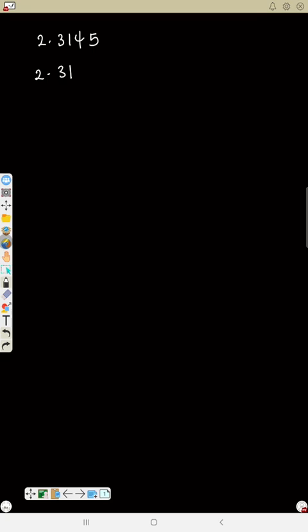Now what of three decimal places? This same number, to approximate to three decimal places, you just have 2.31. You know the next number is 4, but the number that follows 4 is 5. So that means you will add 1 to 4, making 5. But if the number that follows 4 is like 3, if the number is less than 4, I'll still say 4.